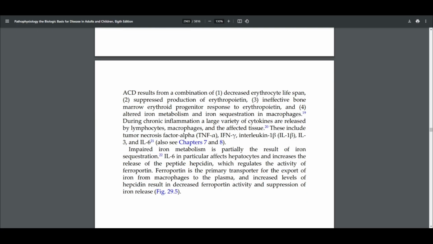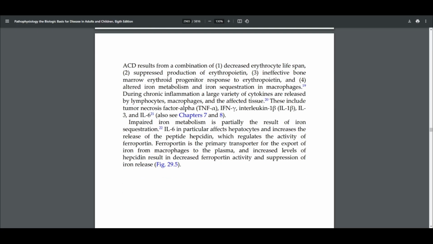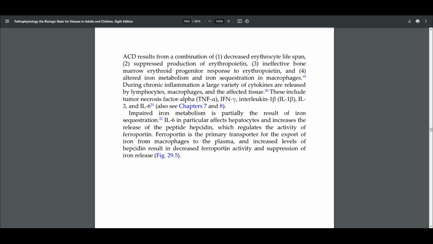ACD results from the combination of a decreased erythrocyte lifespan, suppressed production of erythropoietin, ineffective bone marrow erythroid progenitor response to erythropoietin, and altered iron metabolism and iron sequestration in macrophages.